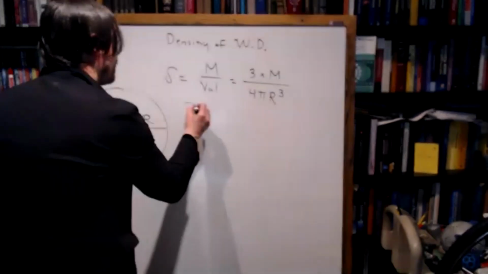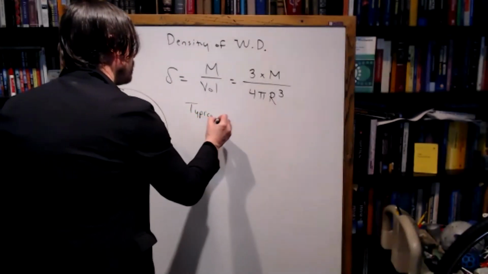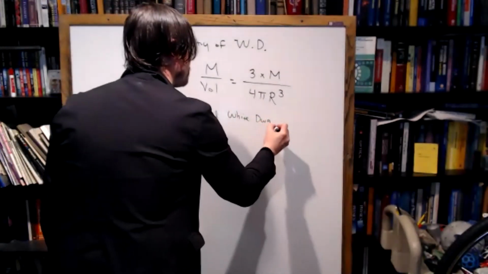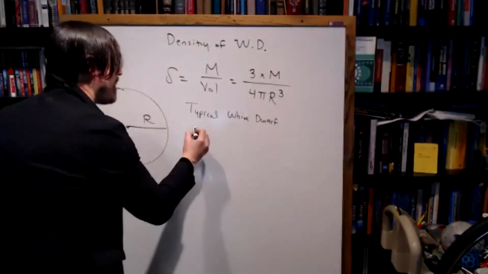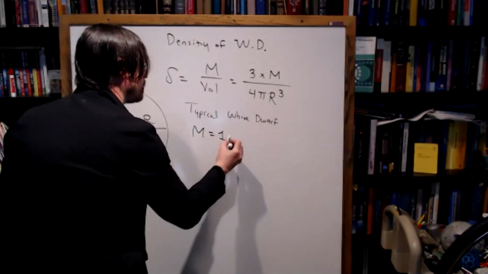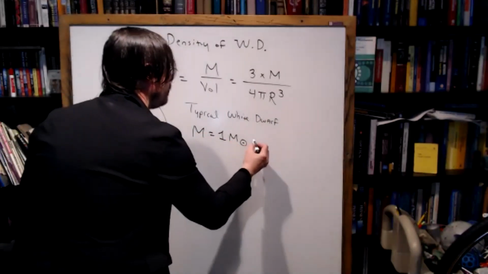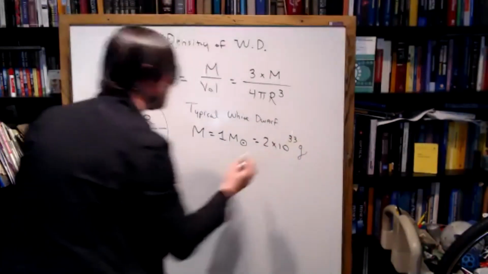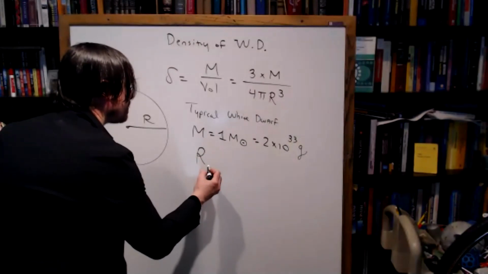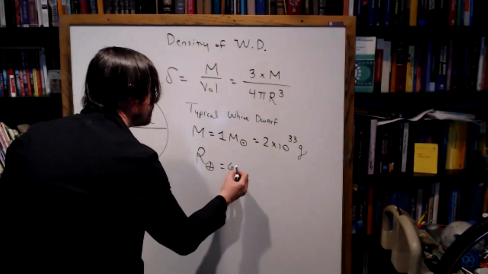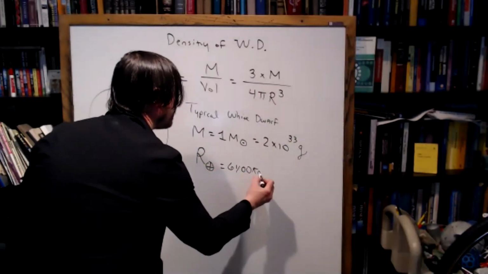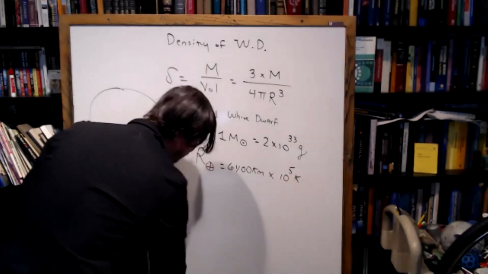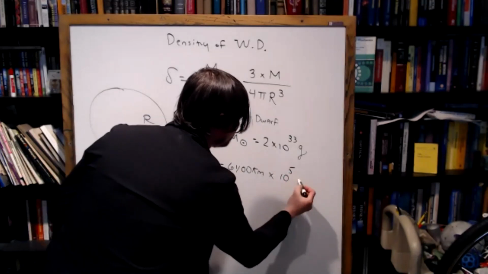Let's take typical values for a white dwarf, like Sirius B. If the mass is the same as our sun's mass, you've got something like 2 times 10 to the 33 grams, and the radius of Earth is 6,400 kilometers multiplied by 10 to the 5 to convert it to centimeters.